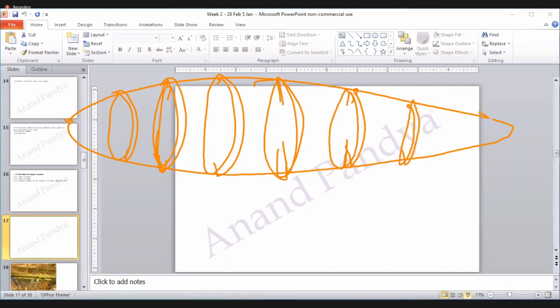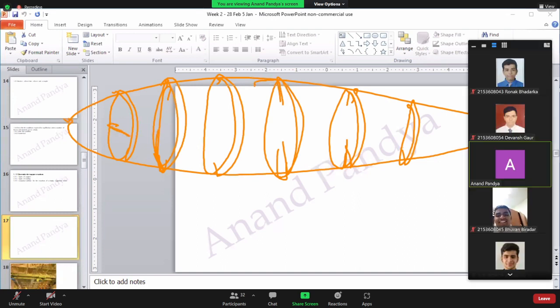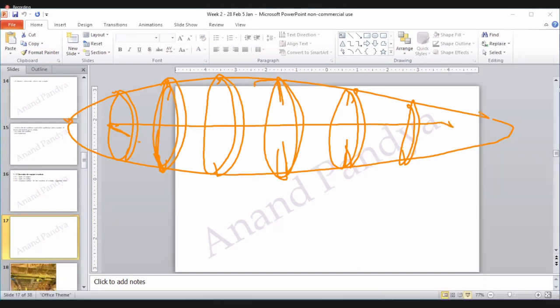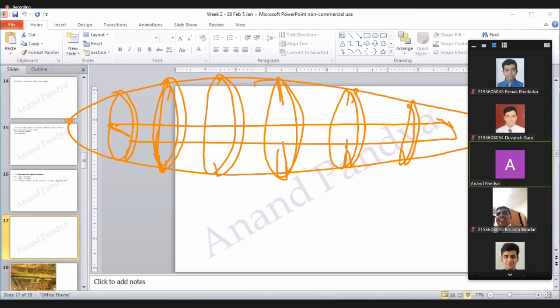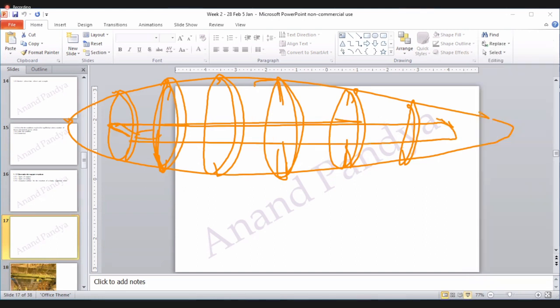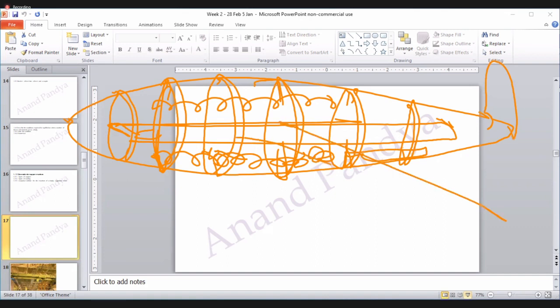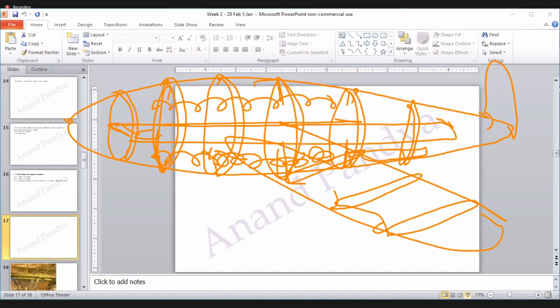And then there is a platform over here. On the top, there are passengers, and here there is normally a baggage area, and maybe some machines are also kept. Same is a part of a wing. It has a fuel tank also.